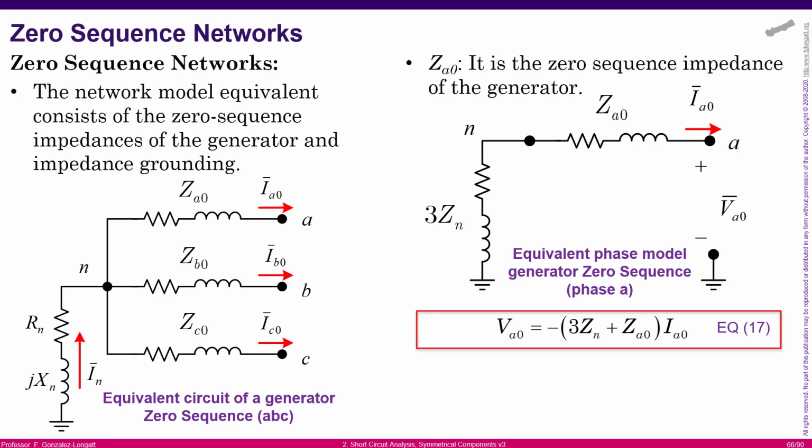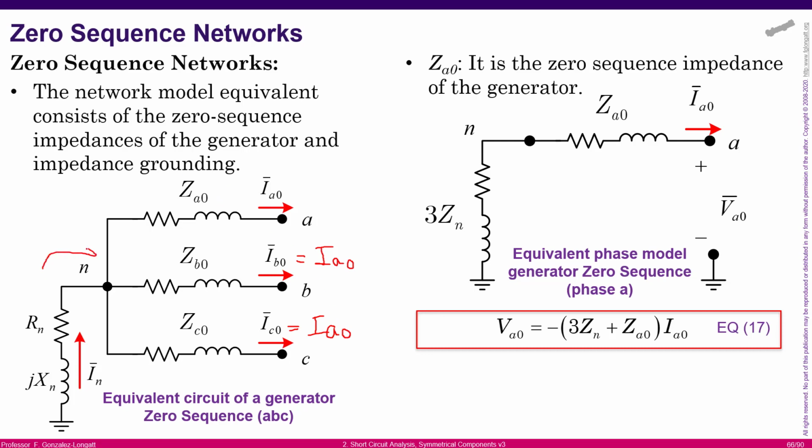As a consequence, you must understand something very important. This current here is numerically equal to the zero sequence current on phase A, and this current here is numerically equal to the current of sequence 0 on phase A.